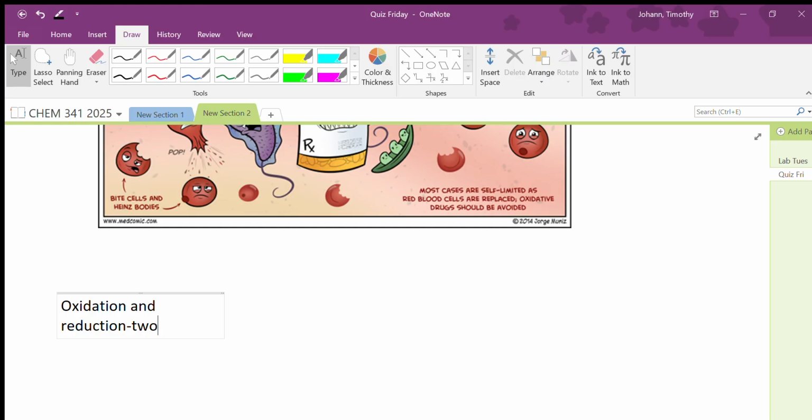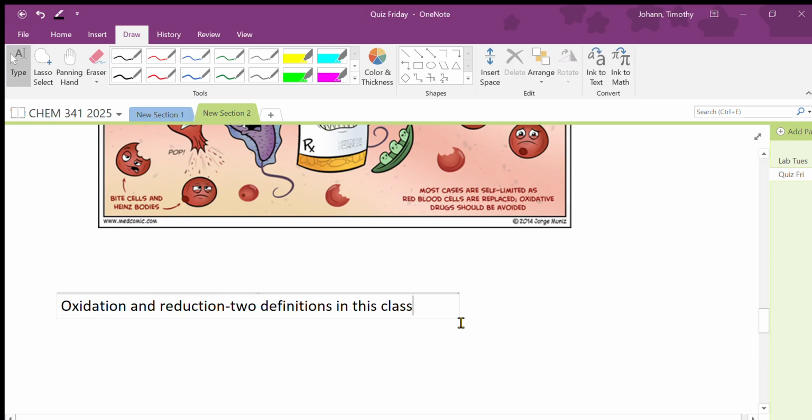We're going to use two definitions in this class. First definition, we'll go ahead in order of the classes you took. For general chemistry, what was your definition for oxidation and reduction?